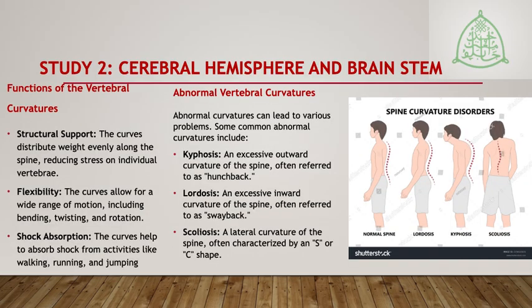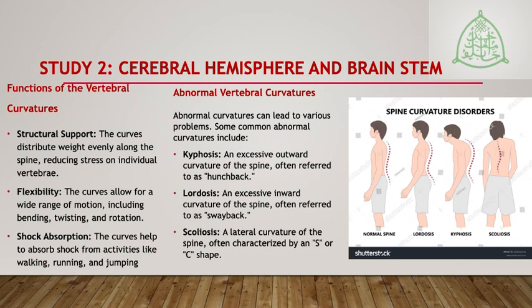So next, the importance of these curvatures is that they provide structural support to our body to reduce stress and distribute the weight, allow us to be very flexible, and also serve as a shock absorber. And then we have abnormal curvature.